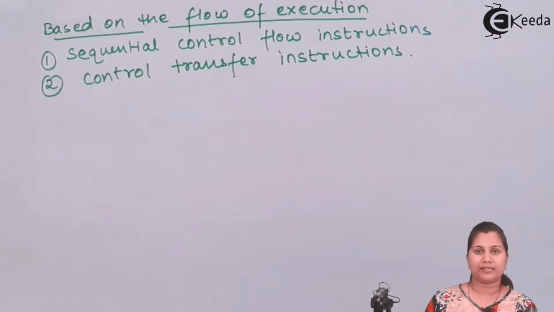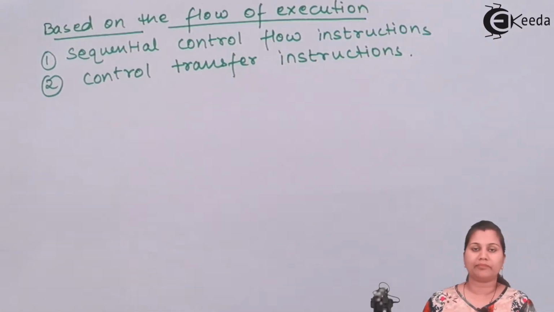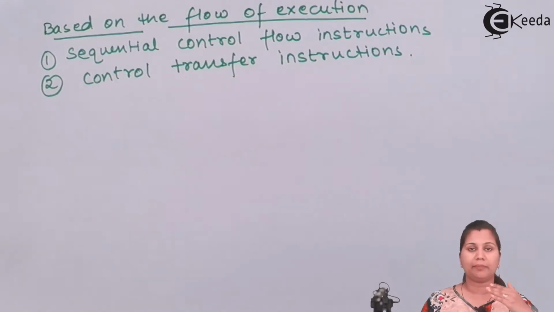When the microprocessor is executing a program, if it is executing the instructions one by one, in a sequence, that is known as sequential control flow instructions. This means when one instruction is executed, the next instruction written just after it will be executed.